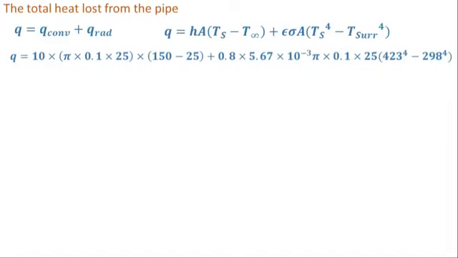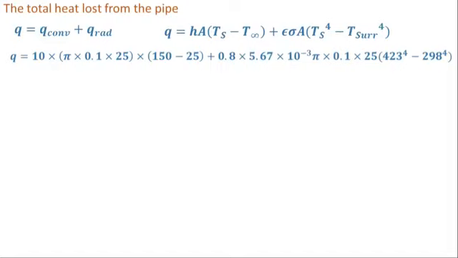h, A, Ts, T infinity, epsilon, sigma, T surrounding, all are given in the problem statement. The convective heat transfer coefficient is 10 watt per meter square Kelvin. A will be the surface area of the pipe, and it will be pi dl, surface area of the cylinder.